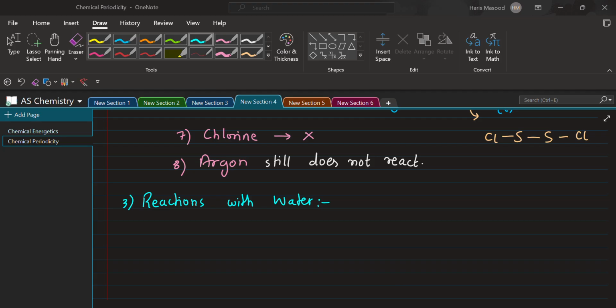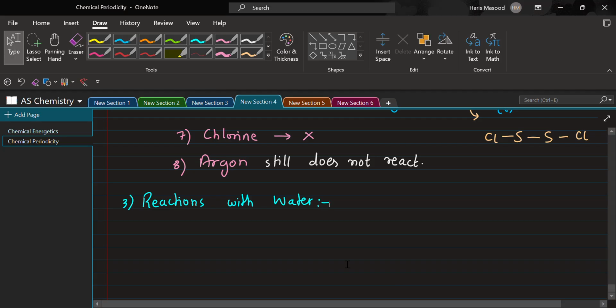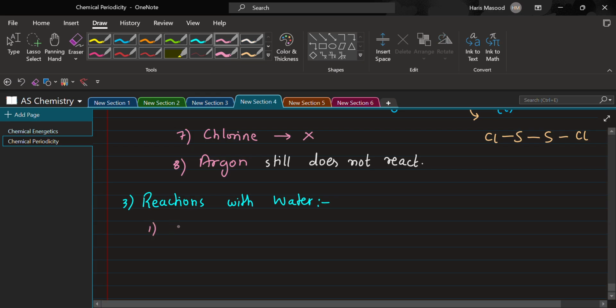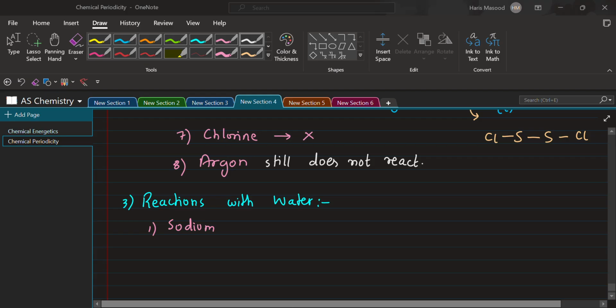Okay, sodium will react very vigorously with water. So vigorously that it catches fire, even in cold water. Even if I have used cold water, it is that reactive that it will catch fire. And it is a very violent exothermic reaction, and it forms sodium hydroxide and hydrogen gas.